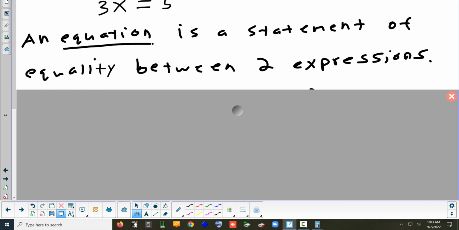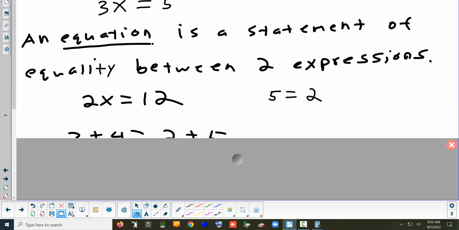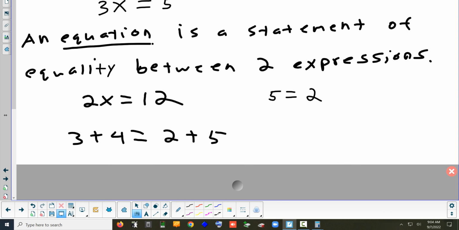So I have an algebraic expression on the left, a numeric expression on the right, and an equal sign between them. 3x equals 5, that's like 2x equals 12. Those are the same type of equation. That's called a conditional equation. It's called conditional because it could be true if you pick the right value for x.